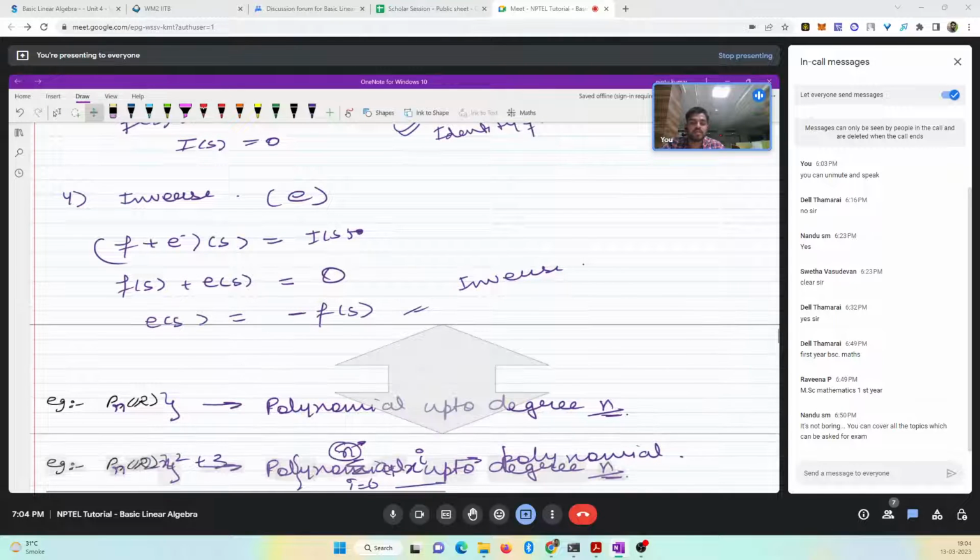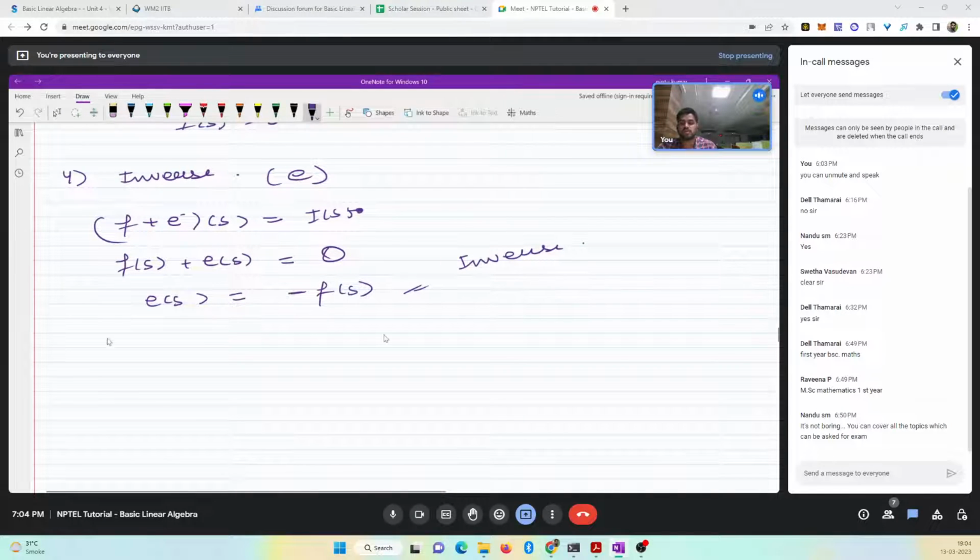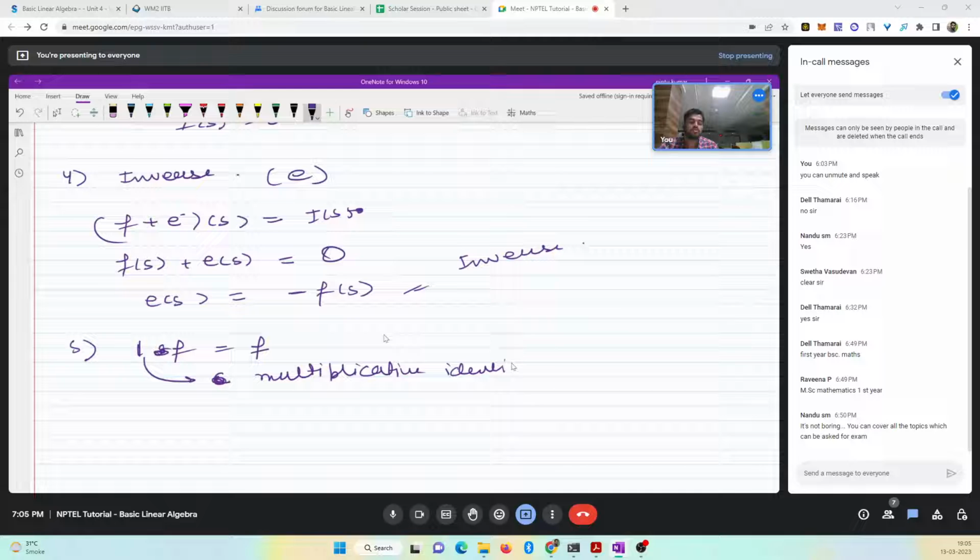The rest of the properties are not at all difficult to satisfy. The fifth one was that 1 times f should always be equal to f. So if you take this one to be the multiplicative identity of the field, you are done with it.